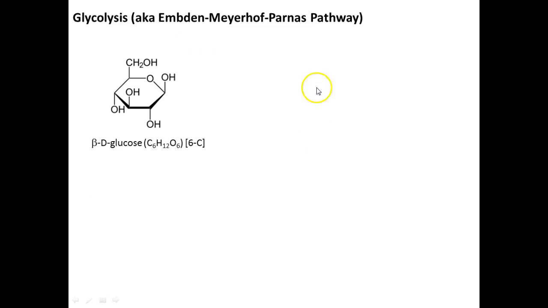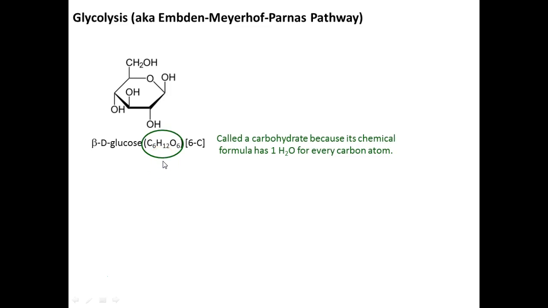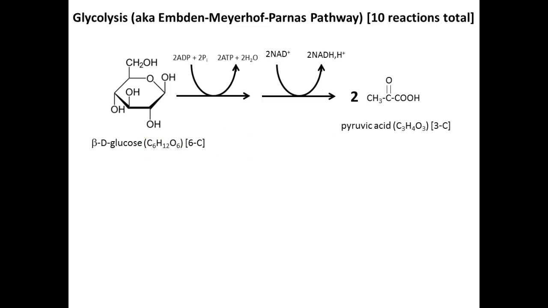So glucose is a beautiful 6-carbon sugar with hydrogen and oxygen. They're commonly referred to as carbohydrates because for each carbon you have a molecule of water. It's carbon that's been hydrated. So again, we can take something like glucose and break it down into pyruvic acid.